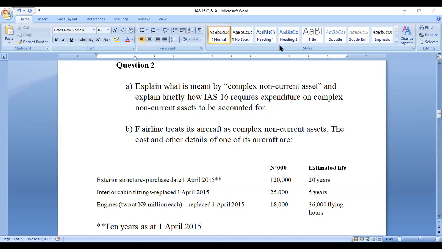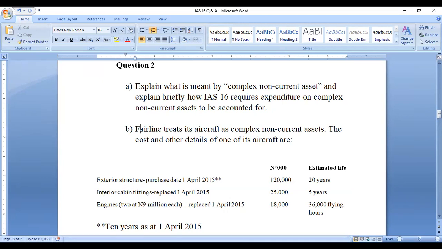So we have a question here, and this one is an aircraft, and Flight Line treats this aircraft as a complex non-current asset. The cost and other details of one of the aircraft are as follows. The exterior has a 20 years lifespan. The interior has 5 years. The engines have 36,000 flying hours, so they can only last for 36,000 flying hours.